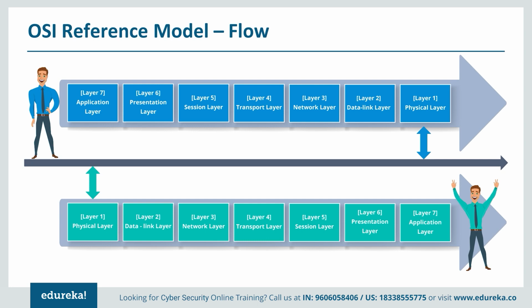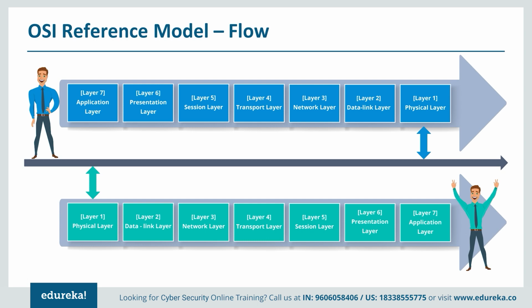Any data which originates from the user originates from the application layer. It should pass through the 7 layers below, and again it has to move up at the recipient's end. The data origination is only from the application layer at any end.